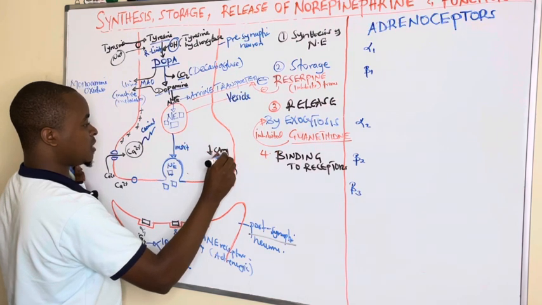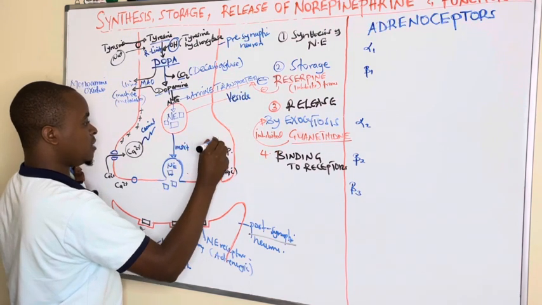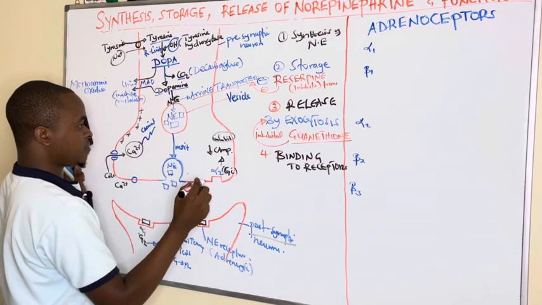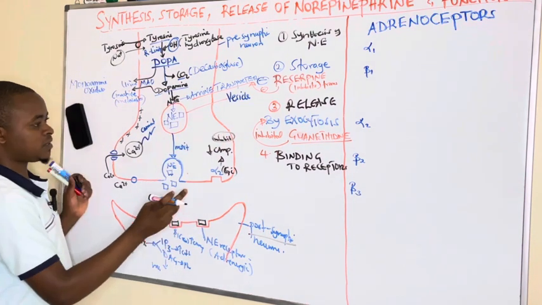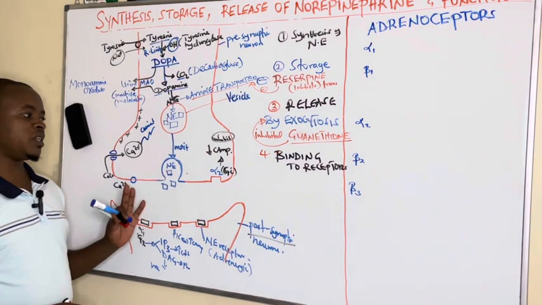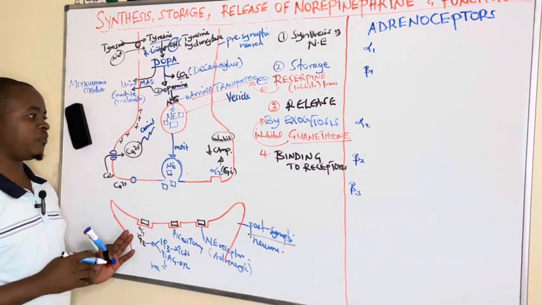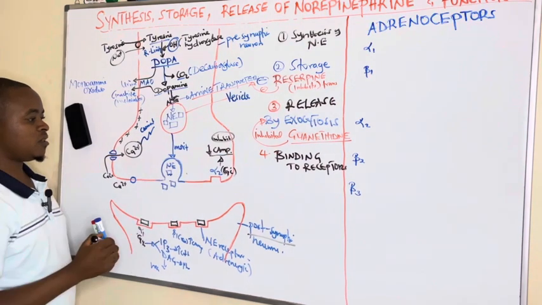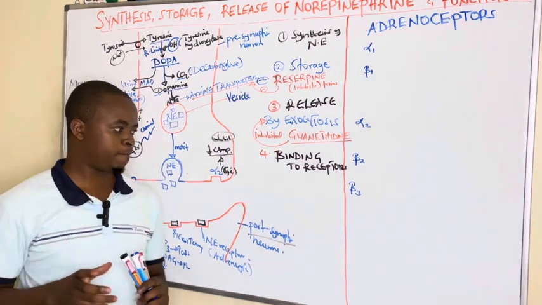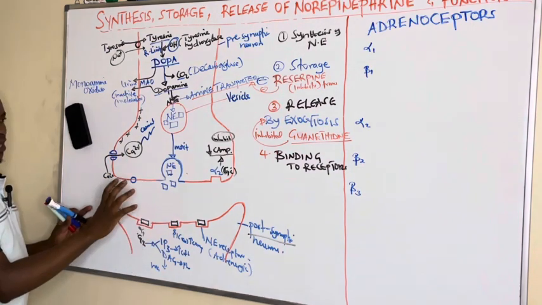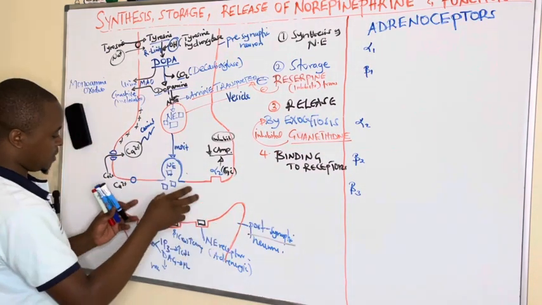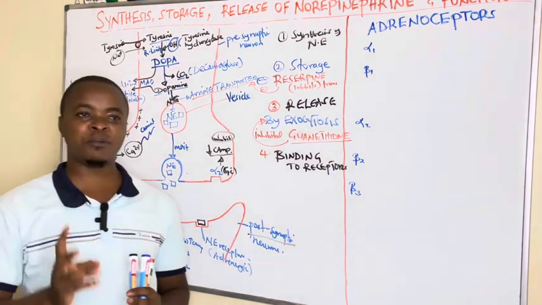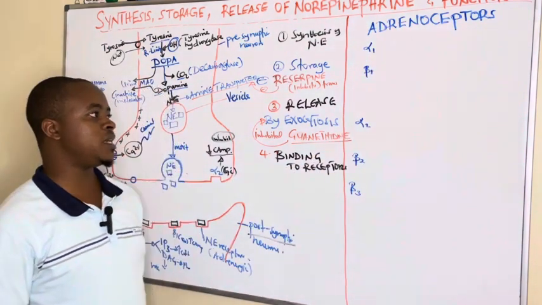When it decreases cAMP levels, it inhibits release of norepinephrine. So this one inhibits release of both acetylcholine and norepinephrine by reducing cAMP levels within the cell, because it is inhibitory. So when it binds to receptors, the response depends on the type of receptor, which we are going to see shortly.